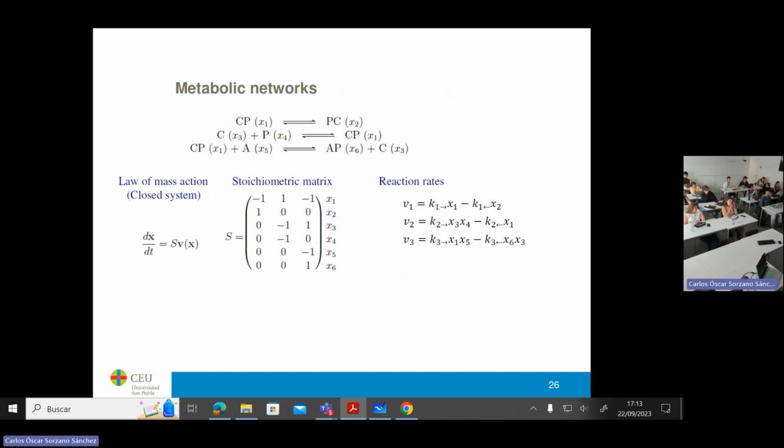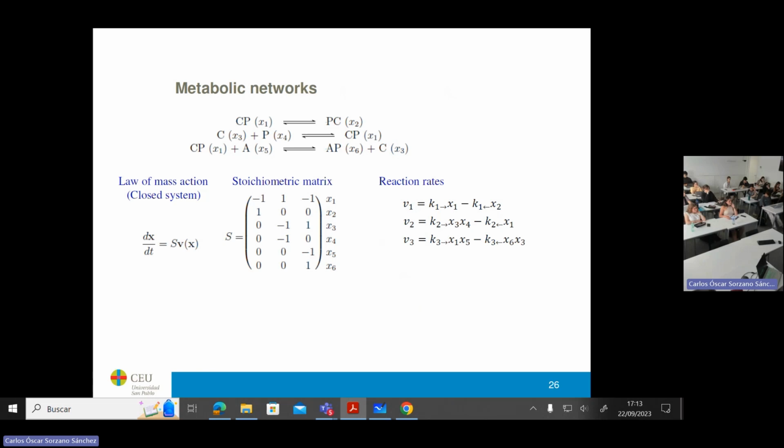So the second equation, the velocity there is you transform C and P, that are X3 and X4, the concentrations. So you transform X3 and X4 according to a constant to the right into X1, and then X1 is transformed back into C and P at a rate K2 to the left, and the same for the last.